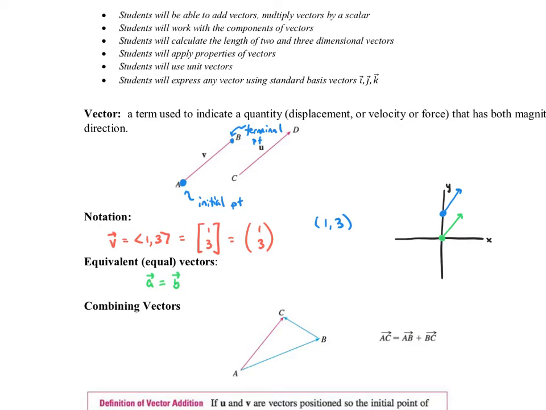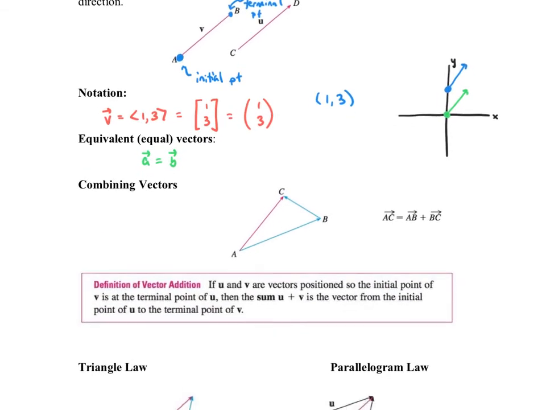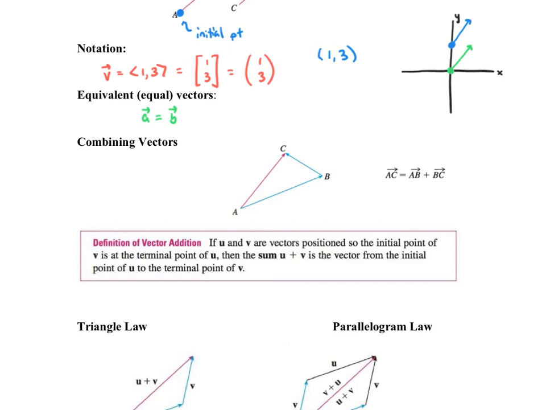Okay, in terms of combining vectors, let's look at AB. If you took the vector AB and added it to the vector BC, one of the easiest ways to do this is to take vector AB, and at the terminal point of vector AB, we would then start the vector BC, and then the resultant vector would be AC.